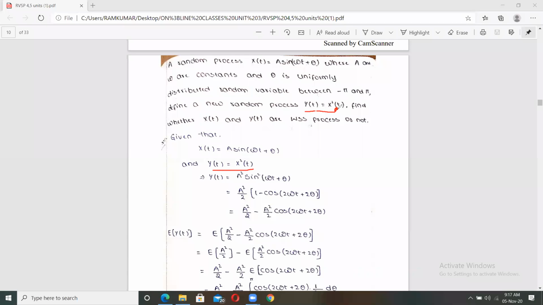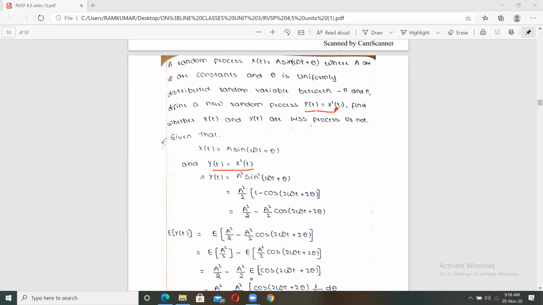That means x of t is also a random process. It is defined as a sin omega t plus theta. And we have to find the wide-sense stationarity of a random process y of t, which is equal to x square of t. Right?